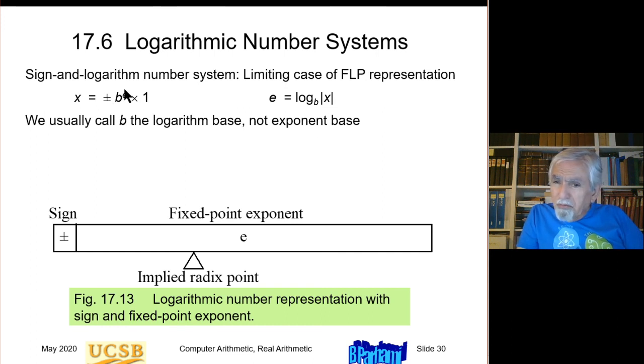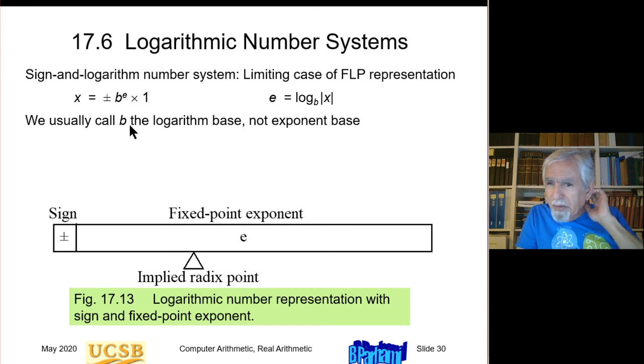Of course, unlike floating point, it doesn't make sense to restrict e to be an integer, because if e is an integer, we can only represent a limited set of numbers. Let's say the base is 2. If e is limited to be an integer, 2 to the 0 is 1, 2 to the 1 is 2, 2 to the 2 is 4.